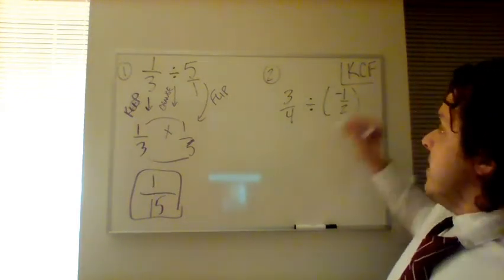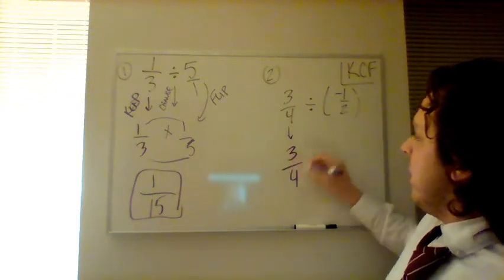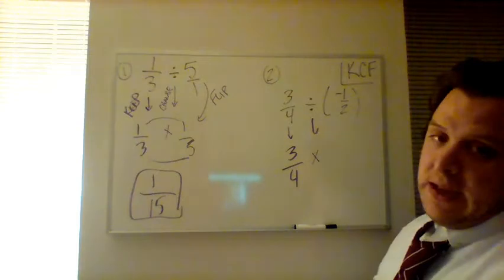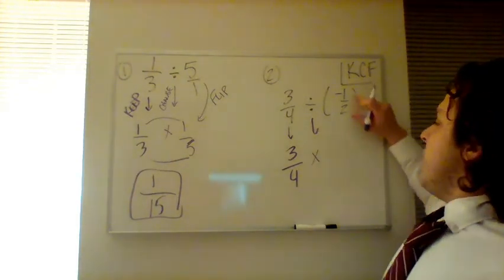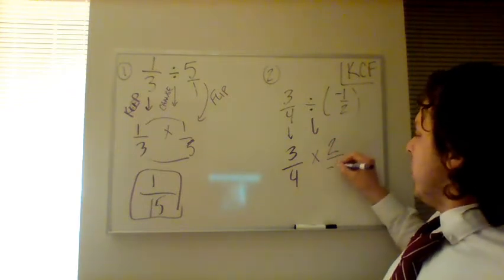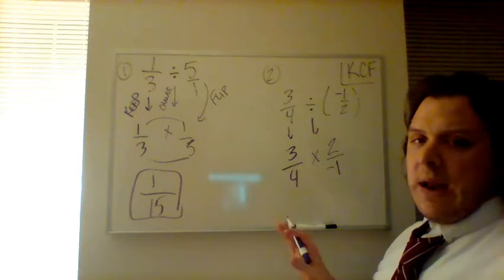Secondly, the keep is the 3/4, so this stays the same. The change, we're changing the division into multiplication so that we can multiply straight across. And then 1/2 over 2 flips to 2 over -1. Some of you are probably wondering, what do I do with that -1 on the bottom?